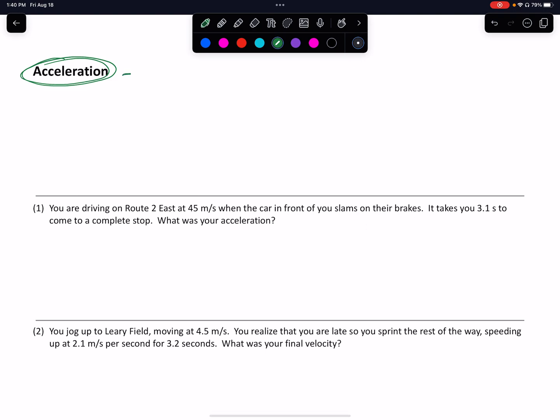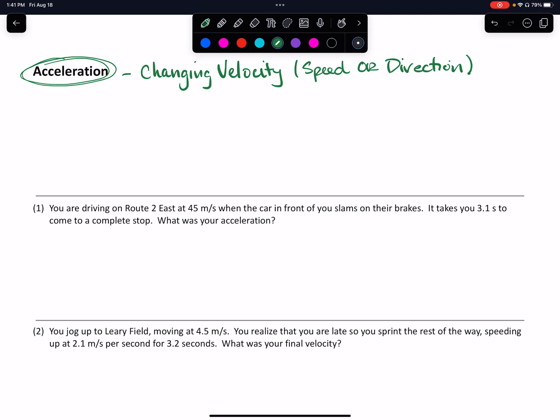All right, now remember, acceleration is defined as changing velocity. And that change in velocity can come in two different ways. The speed of the object could change, or the direction of that object. So if you imagine yourself in your car, there's really three ways to adjust your speed, to change your velocity, to accelerate that automobile.